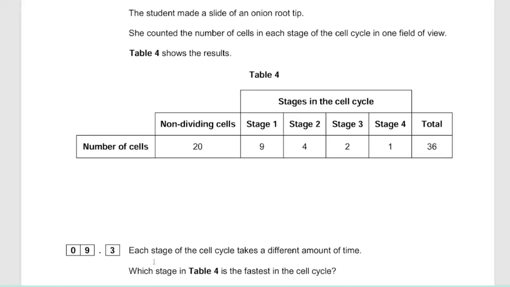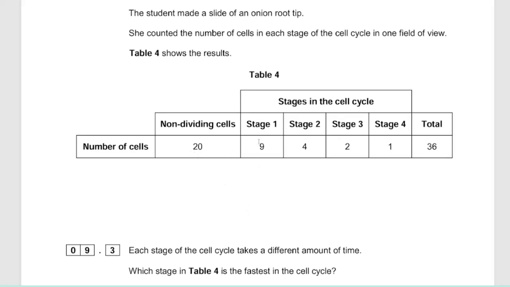Now this is a bit of a tricky question, but what you need to think about is how many cells are in each stage. So if there's 36 cells and one cell is in stage 4, 1/36 of the time it's in stage 4.